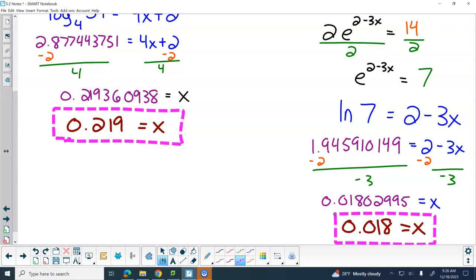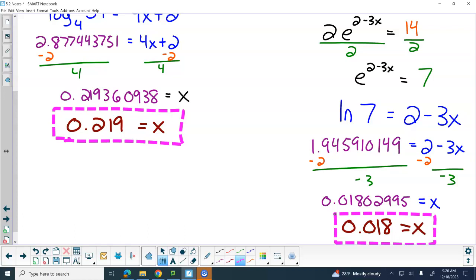If I go that one times -3, and I go 2 minus that answer gives me that, and I take that to the power of e, gives me that, and I multiply that by 2, yeah, close enough, I think, right? And then you put your number.